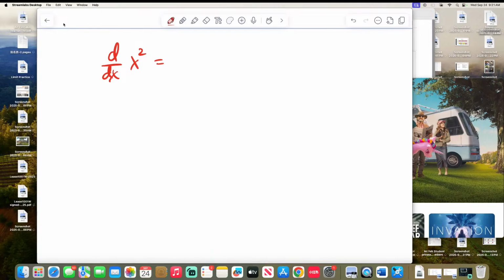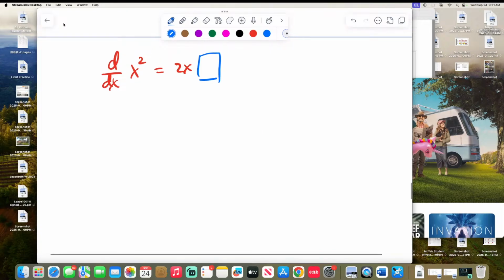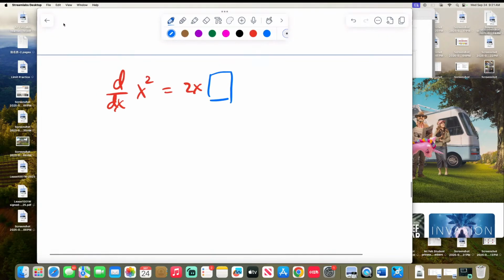Not 0. 2x, good. But there is something here that we usually don't see. We're going to talk about that. It doesn't mean it's not there. It's there. It's not presented.